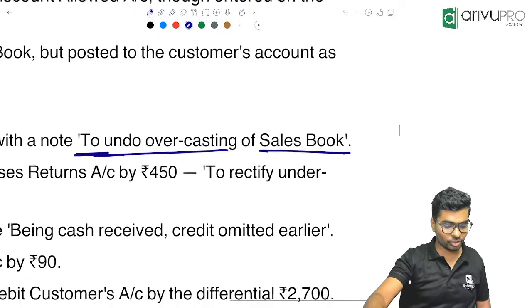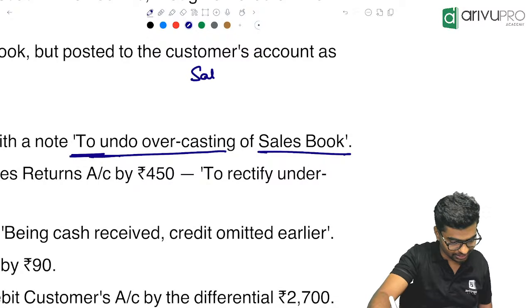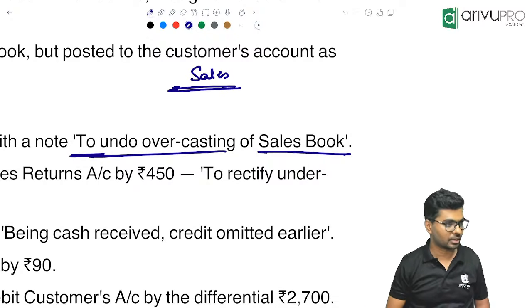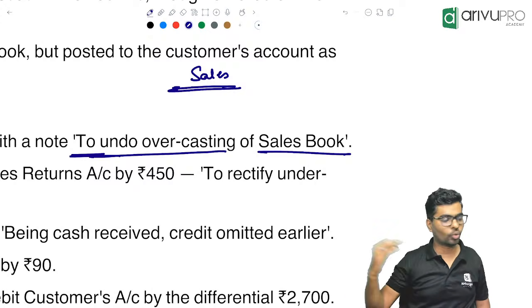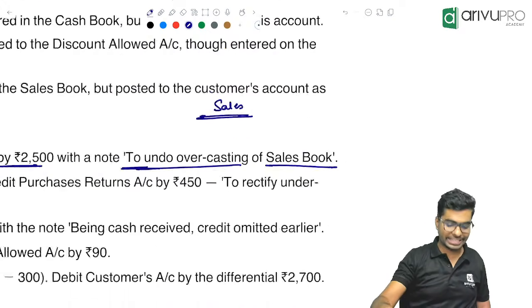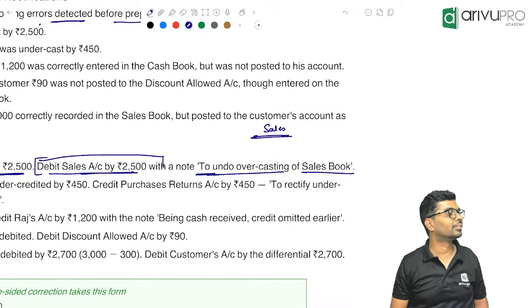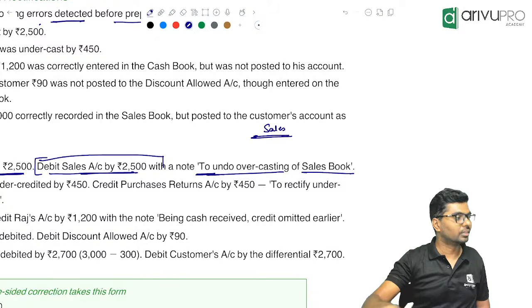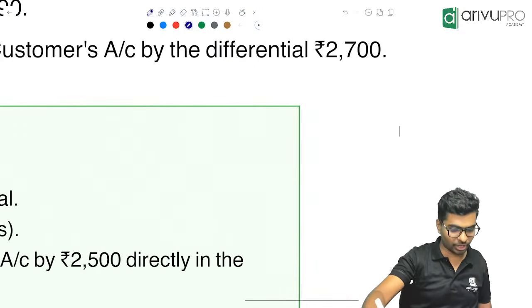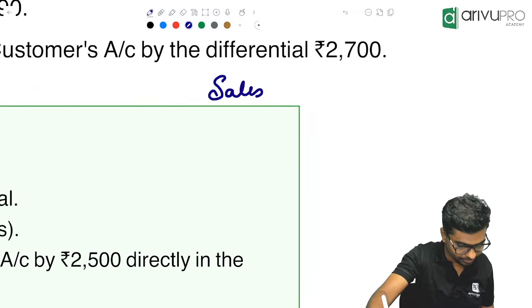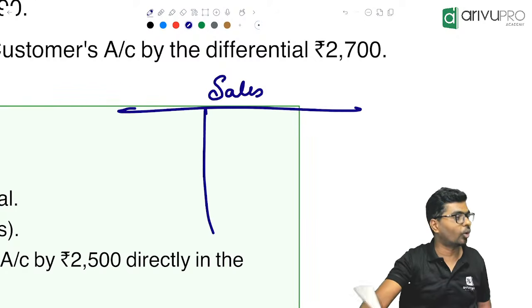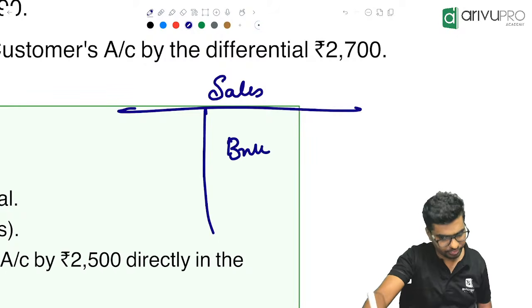So you are asking, in the sales account, I can write one entry as what? To overcasting in the sales. Easier option is to do this: debit sales account by 2500. Or the option is, now in the sales account, see here, what have I done, what is the journal entry for sales? Bank to sales.